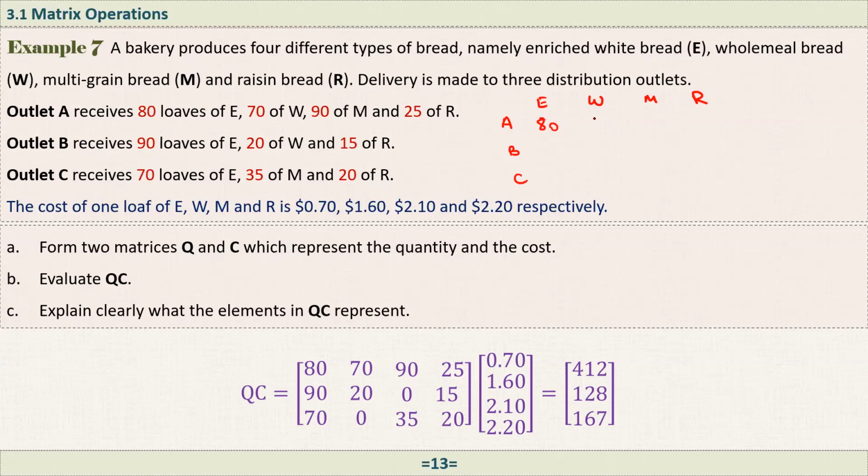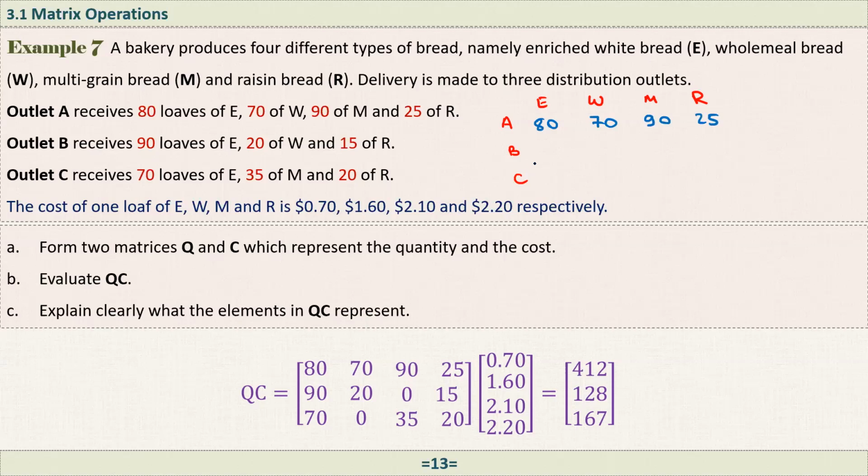And from W, it is 70. M, that is 90. Maybe use a different color here. So here we have 80 and 70 and 90 and 25.